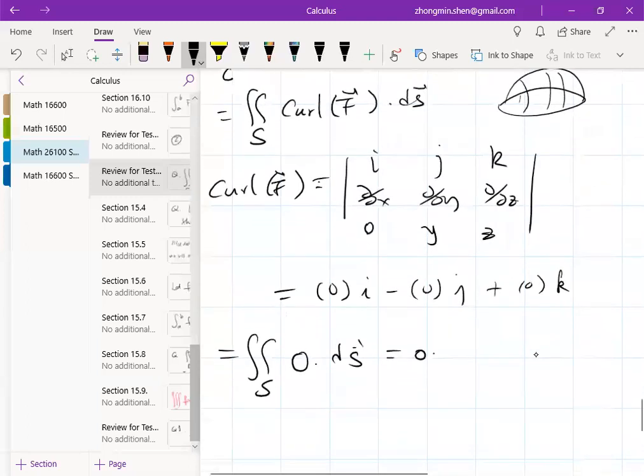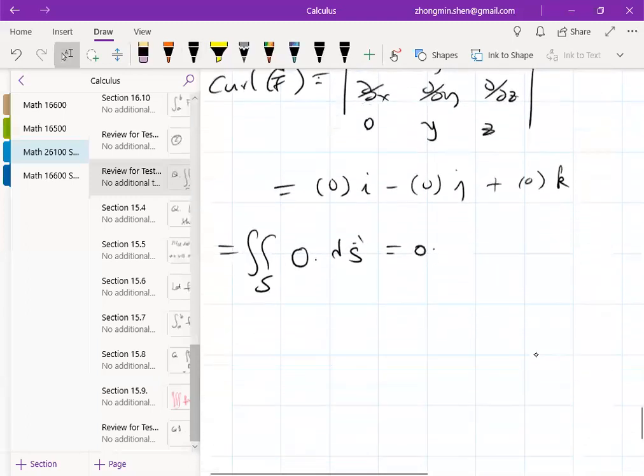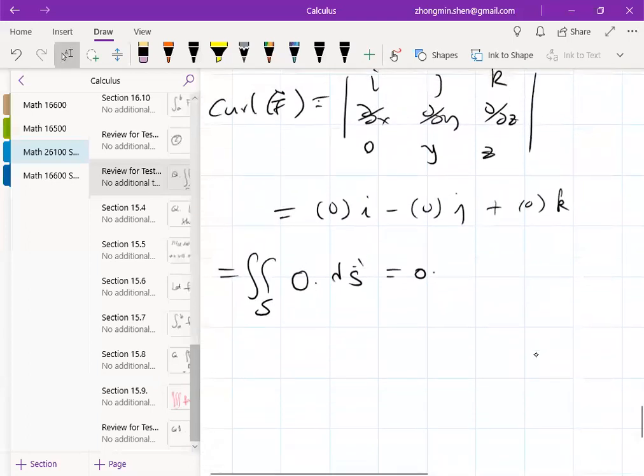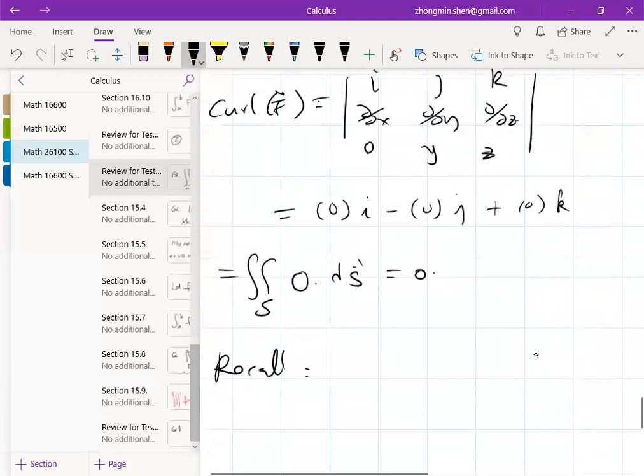Okay, that's clear. Now why is that function a curl of the vector field? Recall the theorem: if the curl is going to be 0, and f is on the whole R3, then f is conservative.